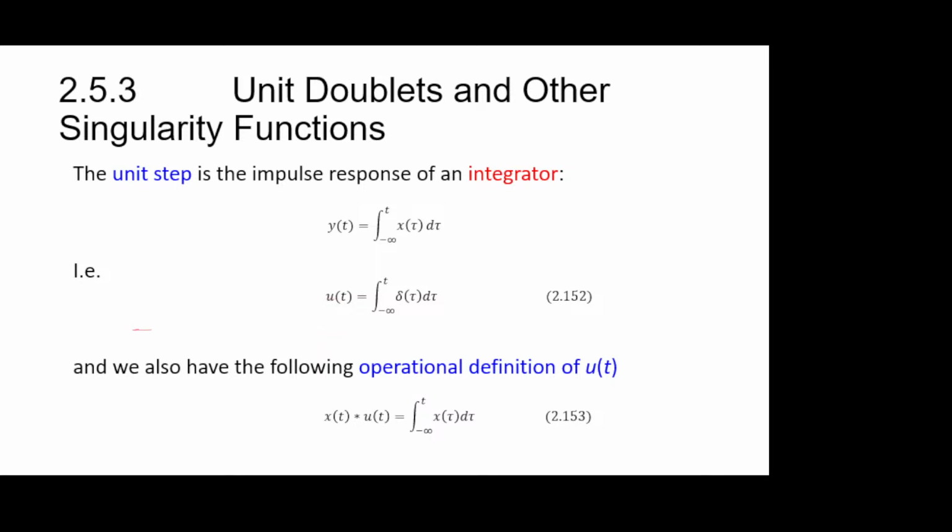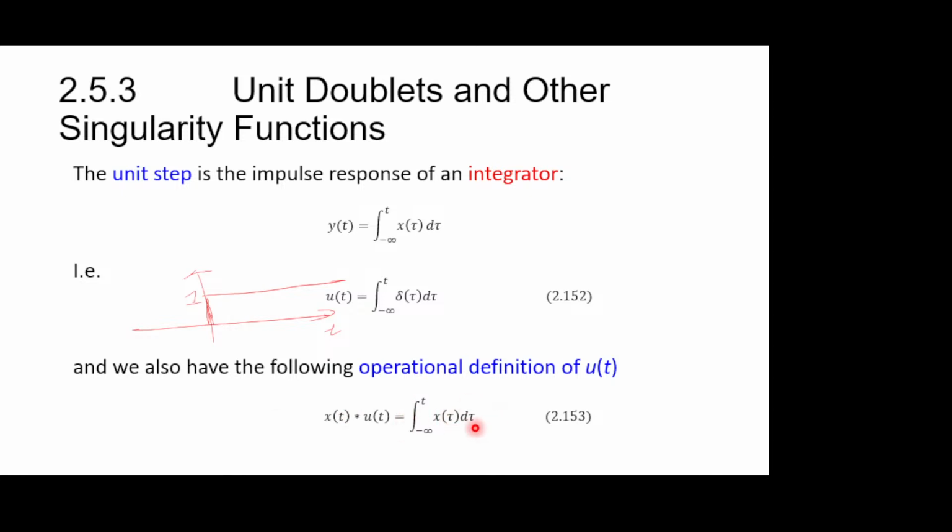It's 1 when t is bigger than 0, and 0 when t is less than 0. So we can write the operational definition for this system: x convolved with u of t will be the integration of x.